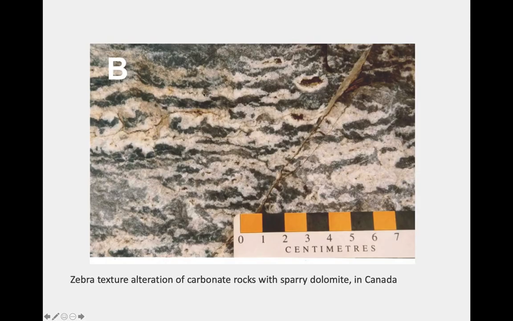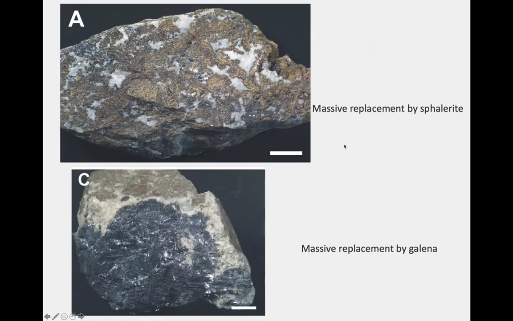Here's a nice example. There's a zebra textured alteration of carbonate rocks with sparry dolomite in Canada. So we have aspects of potentially sphalerite intermixed with dolomite. Here's massive replacement of carbonates by sphalerite, or in this case by galena, very spectacular.